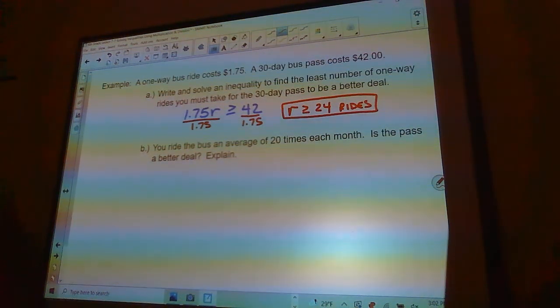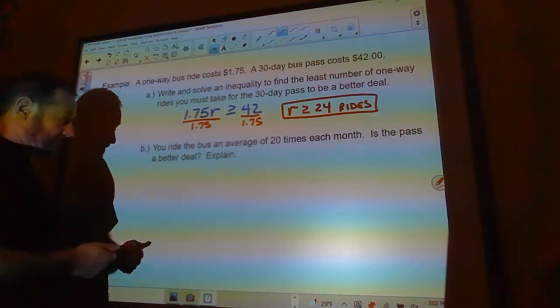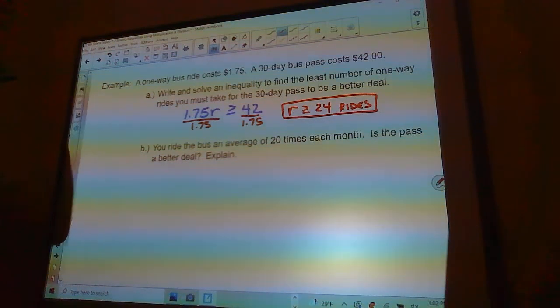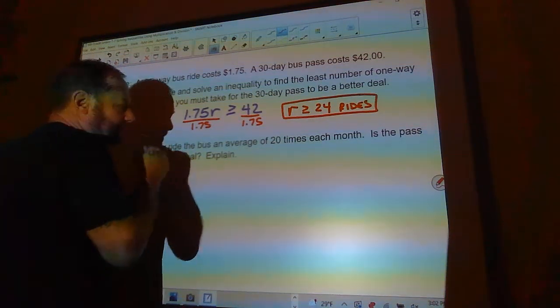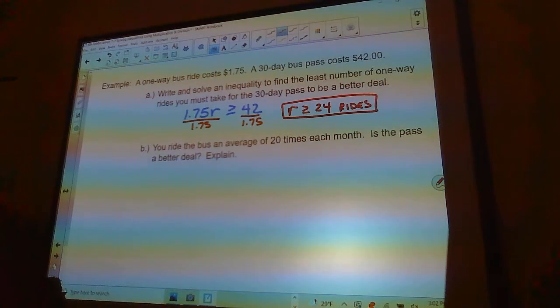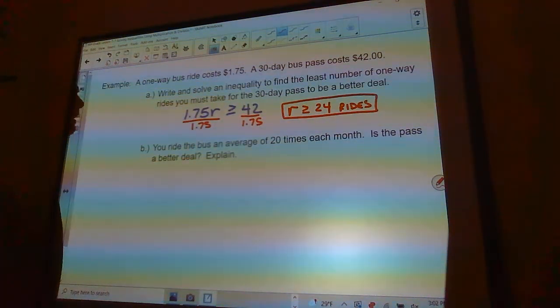You ride the bus an average of 20 times each month. Is the pass a better deal? Explain. Now wait a second. Since it said one way, people don't always ride a bus one time, one direction.